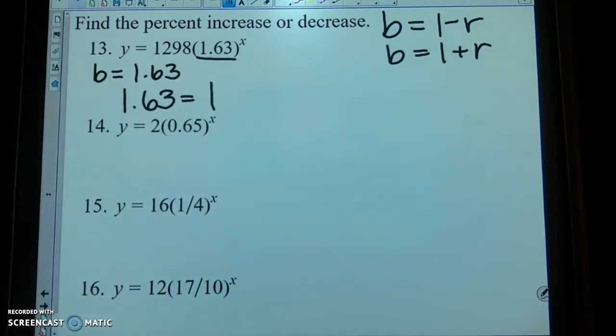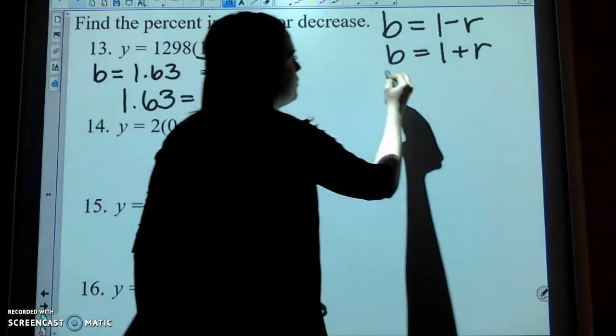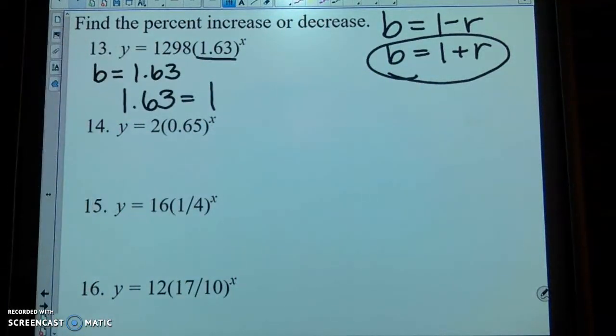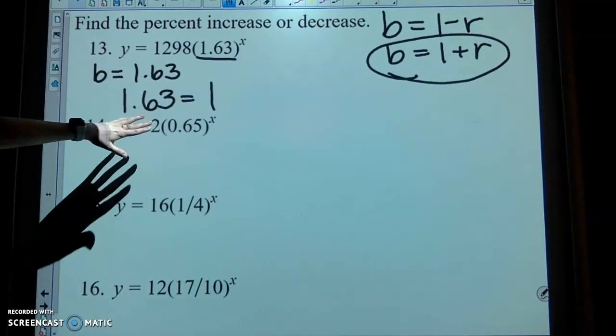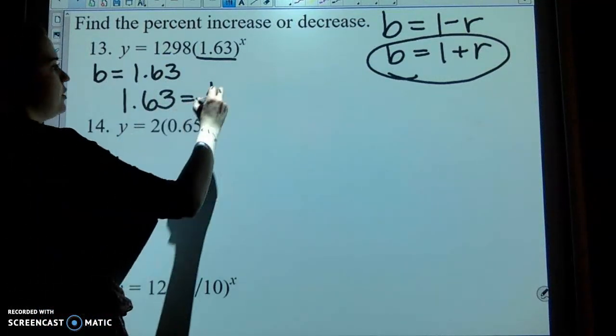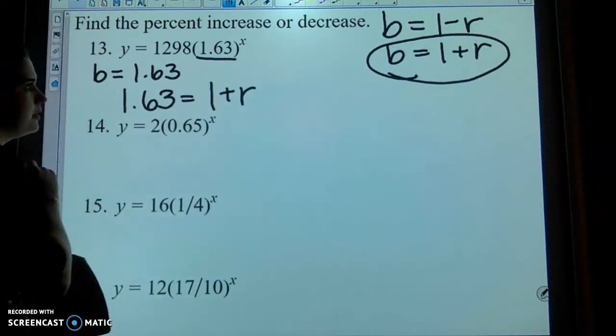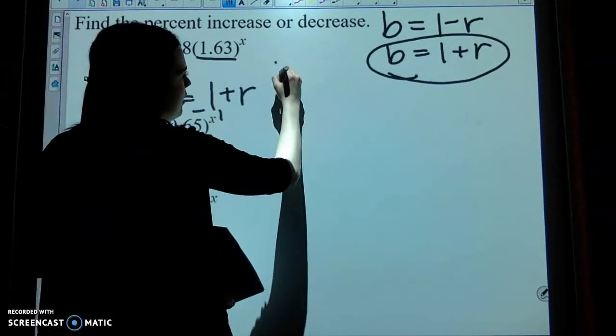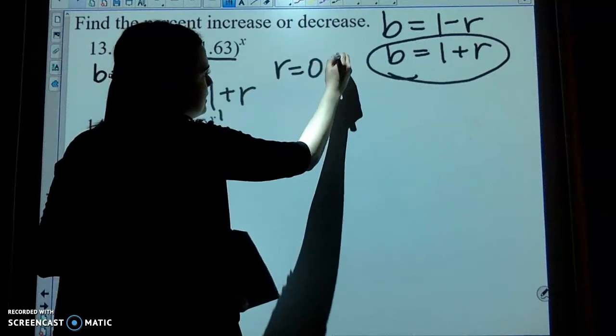And actually, I believe in this case, we only want to use the plus r form, because if your b is less than 1, you're going to get a negative number anyway, which is going to tell you whether it's an increase or decrease. So we're going to do 1 plus r. Doing a little algebra, we subtract 1, we get r is equal to 0.63.